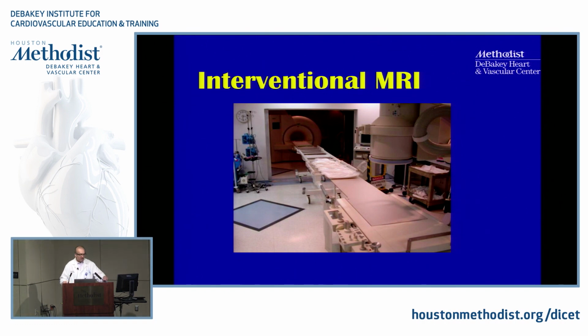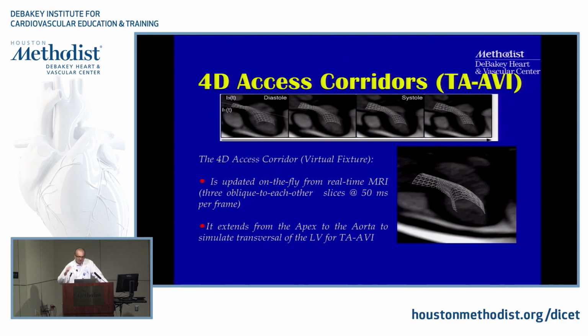And this is some work that Huey Lin is working on with us, right now mainly in animals, but the idea is eventually to transition this to human work as well. Kind of a pie in the sky idea, and this is one of the things that we're working on with a National Science Foundation grant with some engineers from University of Houston, is to actually use MRI not only to generate images, but to use the images to identify landmarks to then generate what's a corridor of safety.